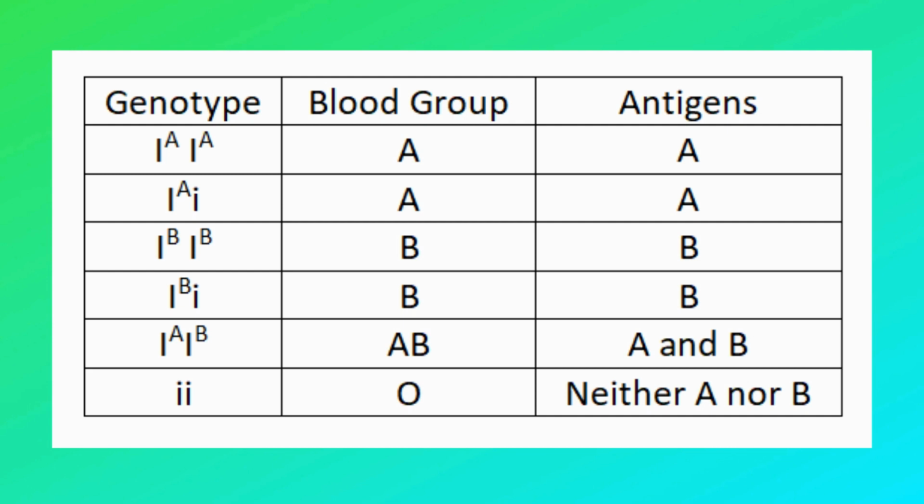And when we have two small i's, we get the blood group O. So, the antigens are produced by these genes, which we'll be seeing in a short while. Based on this, we can predict the blood group of the parent as well as of the future generation.